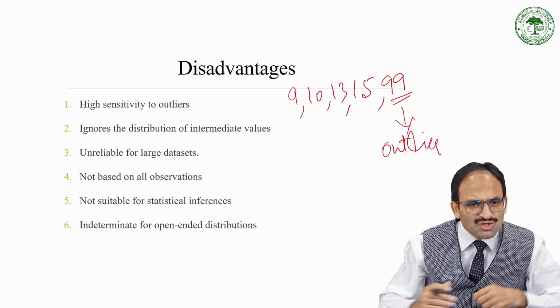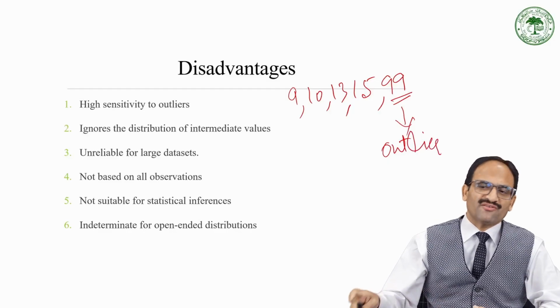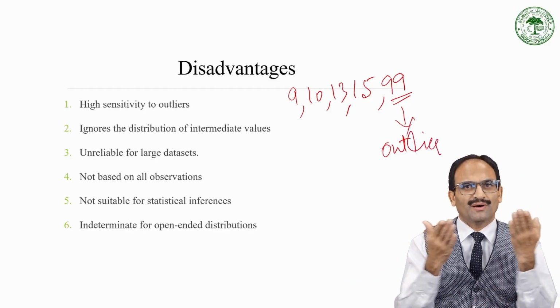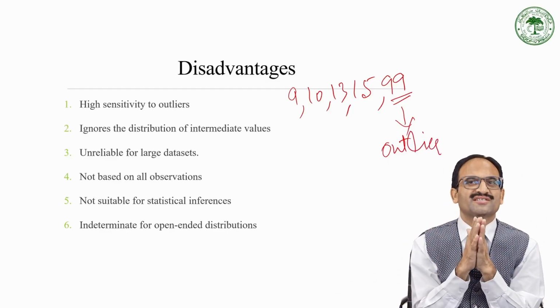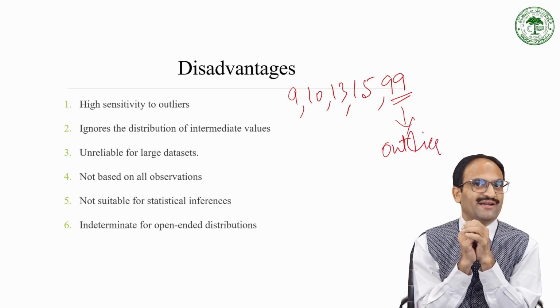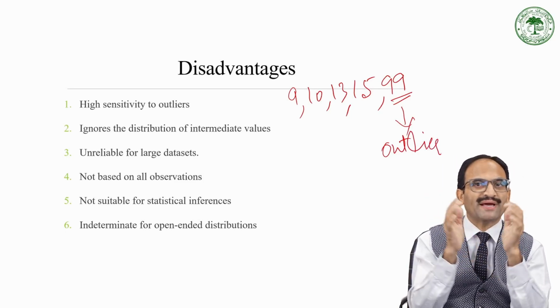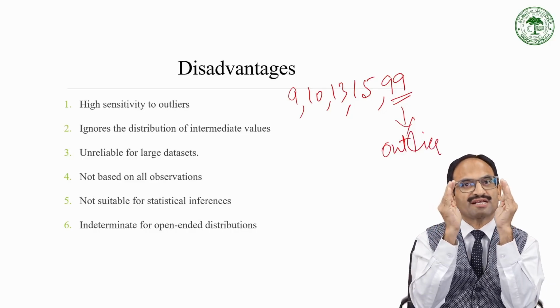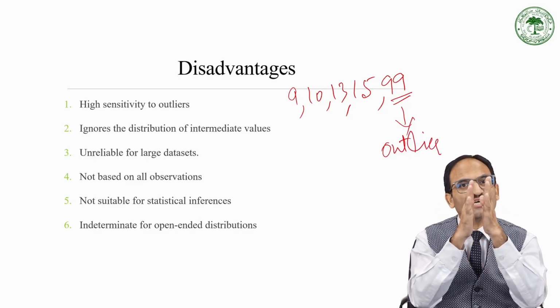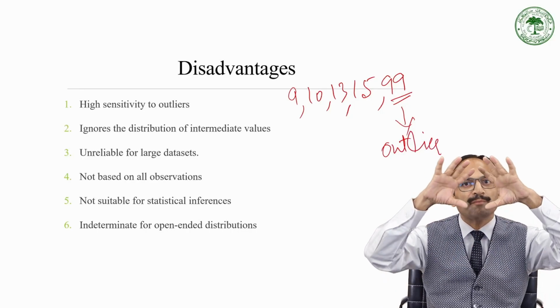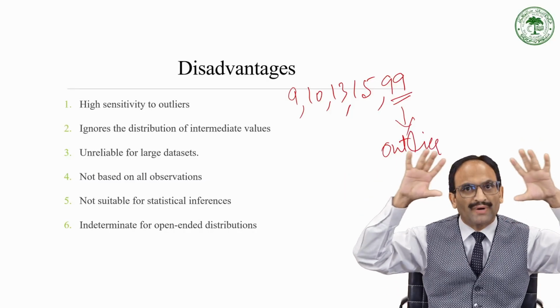Then it is not suitable for statistical inferences. There are so many inferences that we draw from the data, and this is the beauty of statistics, that by collecting data on a small sample, we generalize that to a big population.